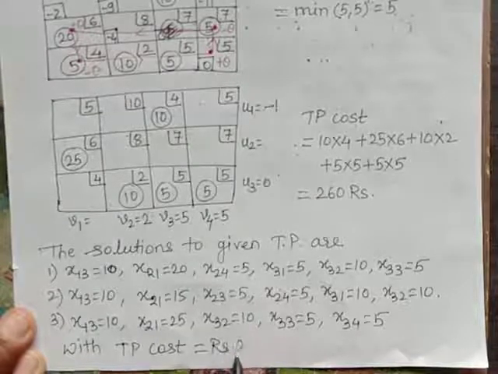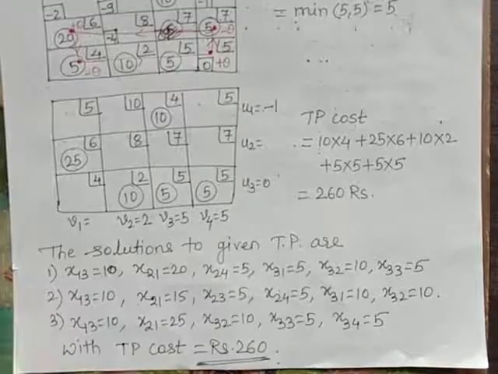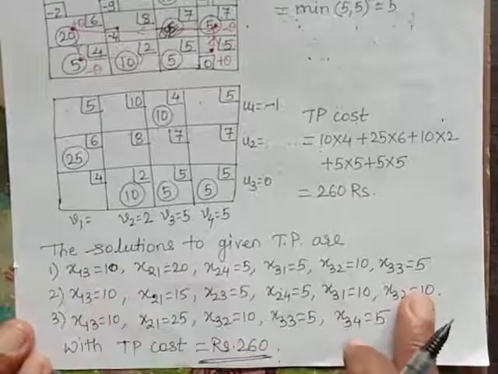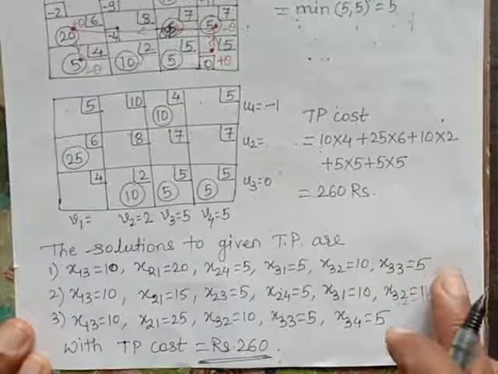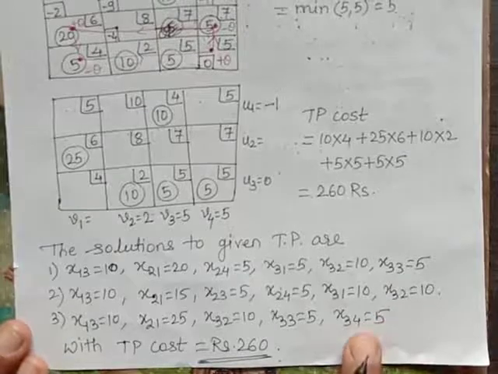Rupees 260. This is a solution here, and all these are optimal alternate solutions, and this one is degenerate also.